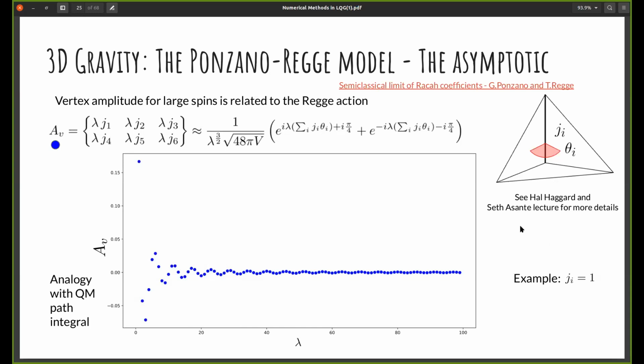So the idea is that the path integral intended as spinfoam is actually dominated by classical geometries that are compatible with the boundary data.